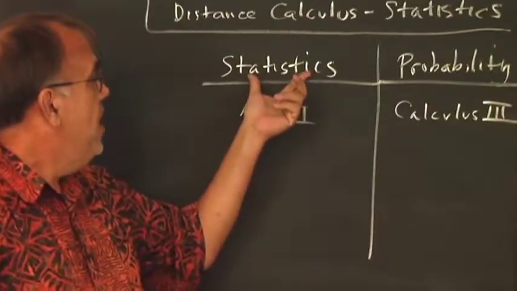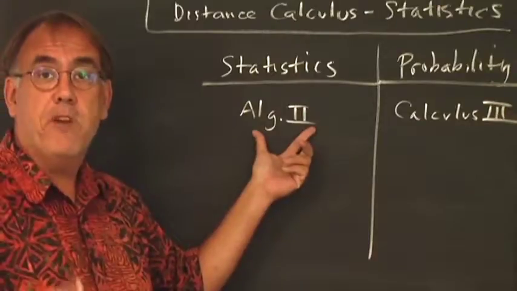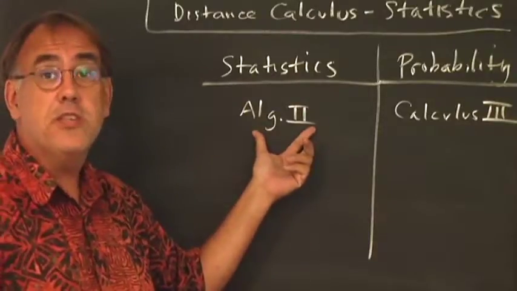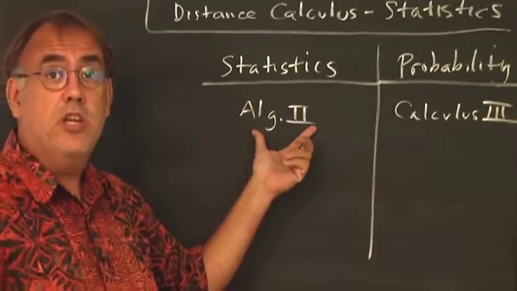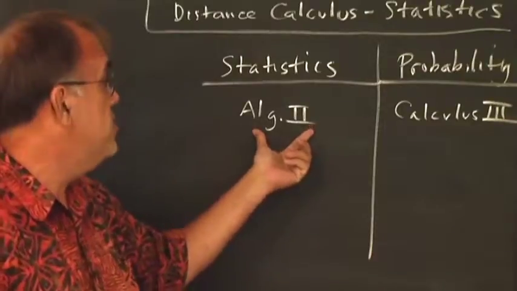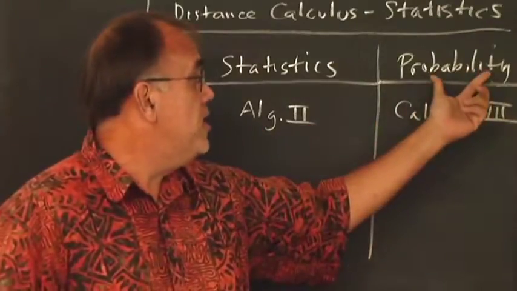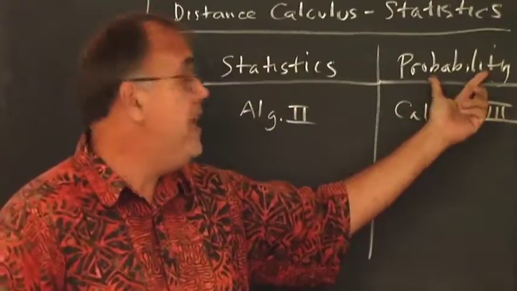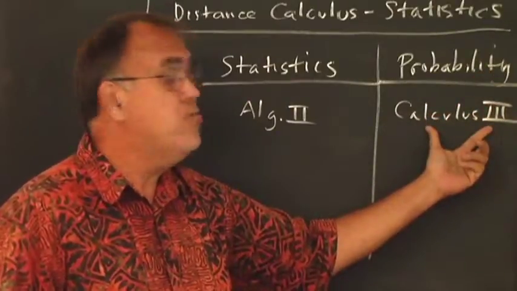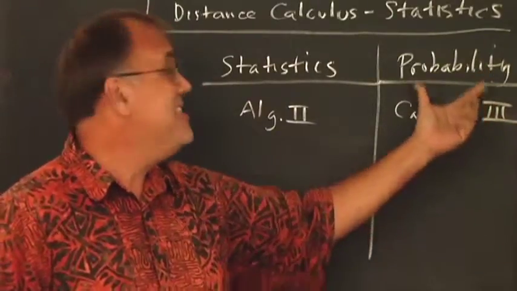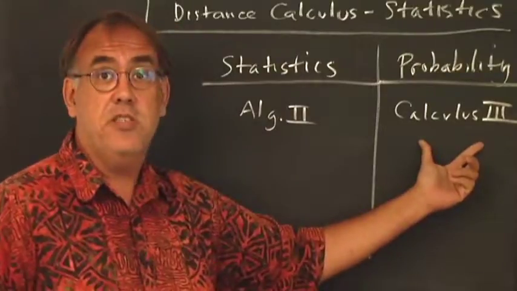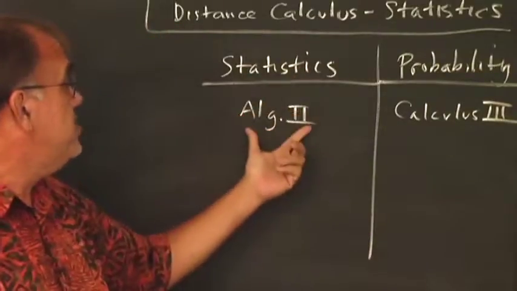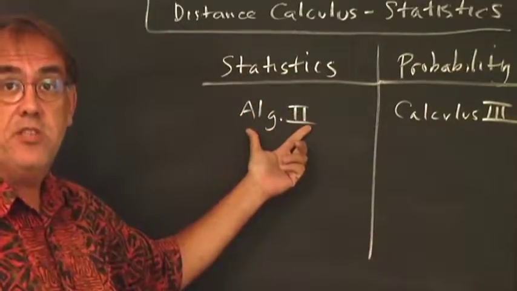This is generally taken by freshmen and sophomores, not necessarily math students, generally students who aren't in math majors. But the higher probability course, which is talked about on another page, does have a calculus 3 prerequisite. This is calculus-based statistics, whereas over here this is algebra-based statistics.